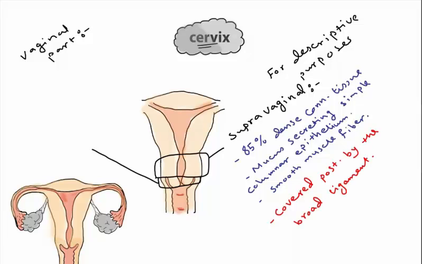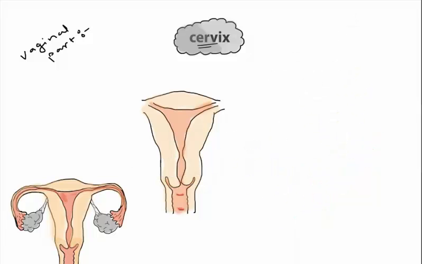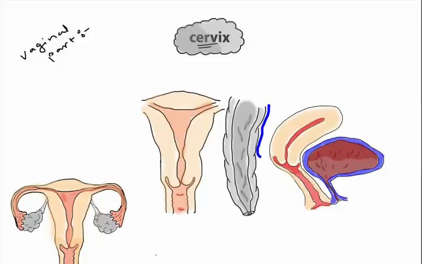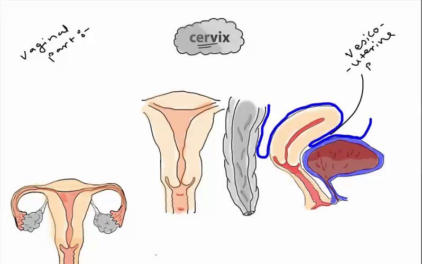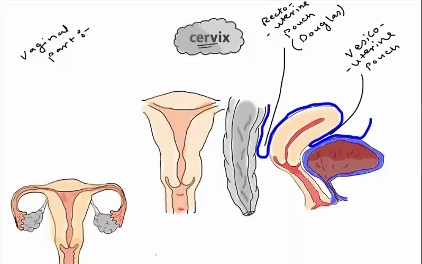The broad ligament is covering part of the uterus and the supravaginal part and part of the bladder, and the foldings of this broad ligament make recesses. We have one anteriorly between the uterus and the bladder, which is named the vesicouterine pouch, and posteriorly between the uterus and the rectum, and its name is the rectouterine pouch or the pouch of Douglas.